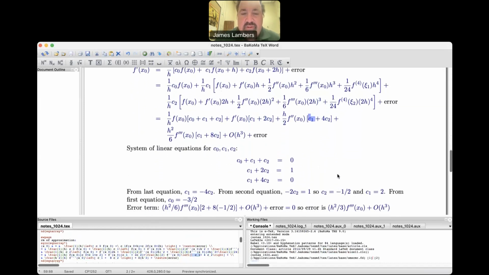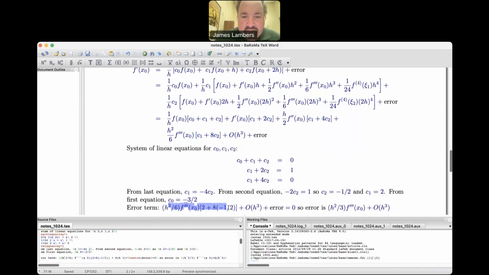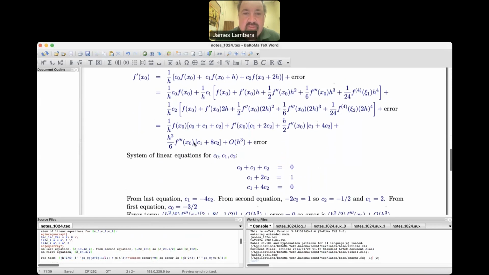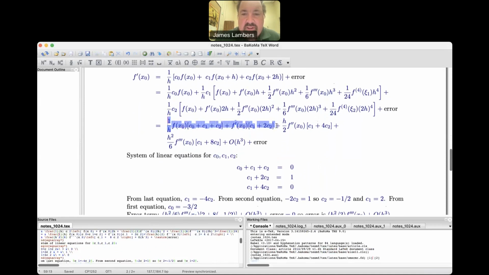Now, as for the error term, now that I have c1 and c2, I substitute them in here, and so that's what I get. Because now, keep in mind, by solving for c0, c1, and c2 from these equations, everything I've highlighted here will collapse to just f prime of x naught, which cancels with the f prime of x naught over here.